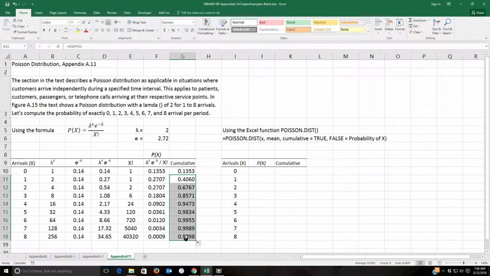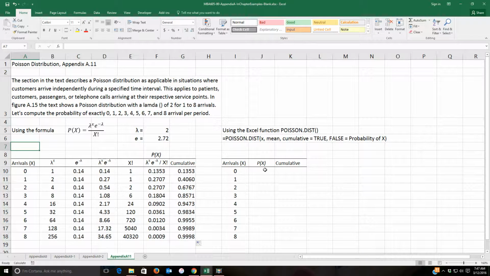You'll notice that this doesn't equal 1. In the Poisson distribution, we have a probability of 9 arrivals, 10 arrivals, 11 arrivals. We could have an infinite number of arrivals, and so that would continue to carry out, always getting closer to but never reaching 1. And that's how you solve it using the formula.